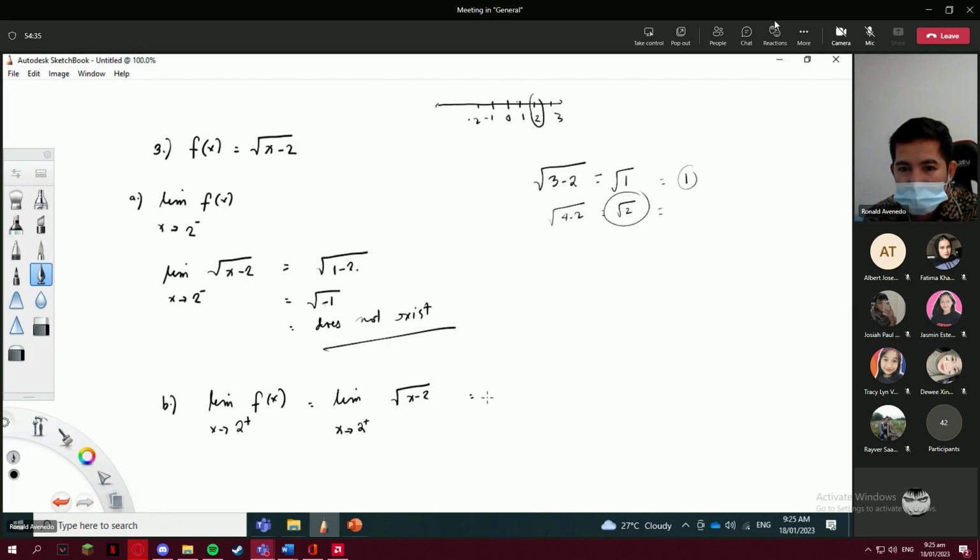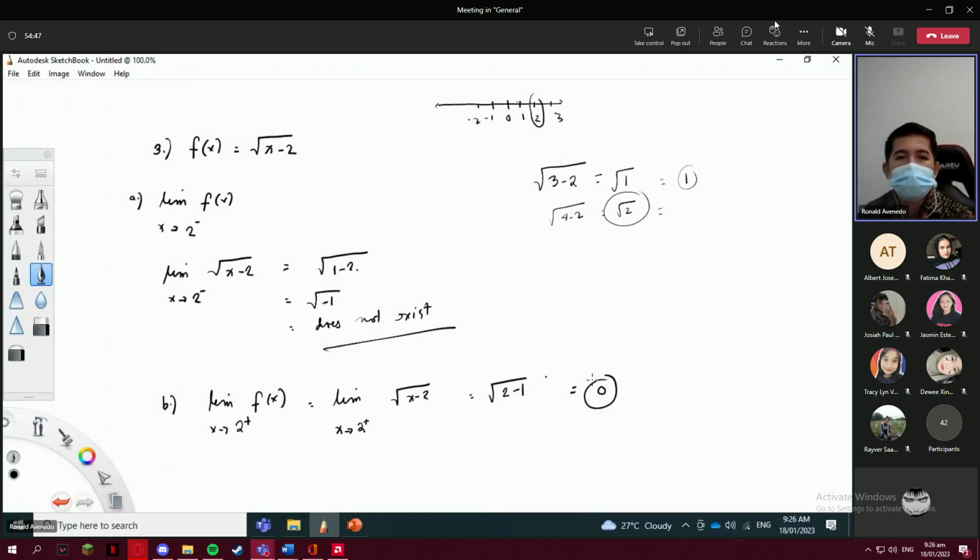So we'll have 2 minus 2, and this is 0. So the limit of the square root of x minus 2 as x approaches 2 is 0. And the limit is only one-sided, which is the right of 2. It has no limit on the left side.